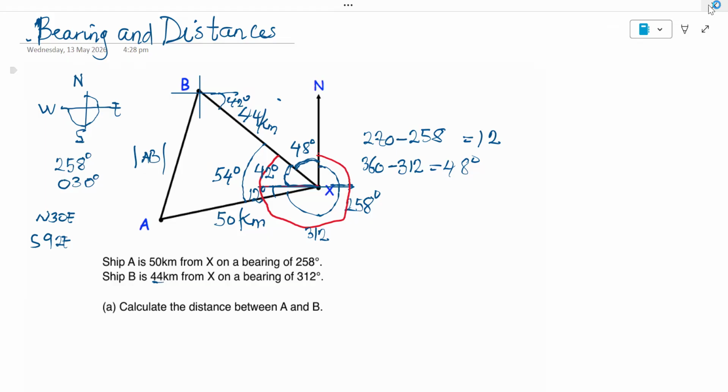It's not going to be so easy for us to know the exact size of the angle that is here, which means that we cannot use sine rule. For us to be able to use sine rule, we need two angles in this case.